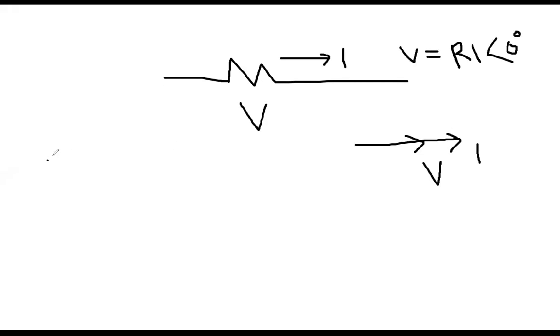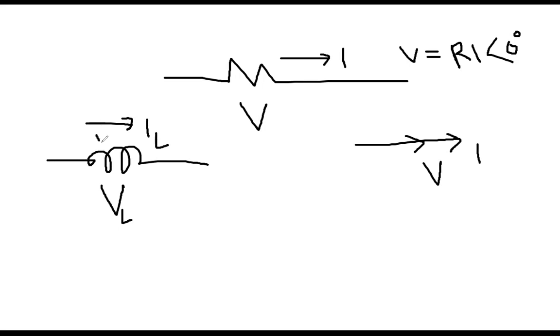Now when it is an inductor, its voltage is VL and current flowing is IL. This was the inductor L. Then how to plot that? For example, this is my current IL. I am assuming that this is 0 degree. This is the reference. Then what conclusion did we get in the case of VL?